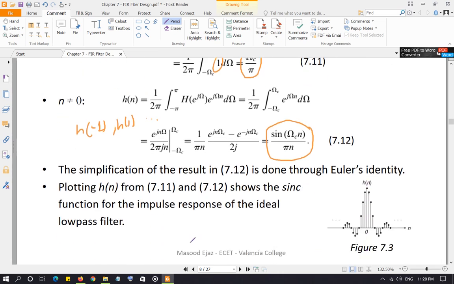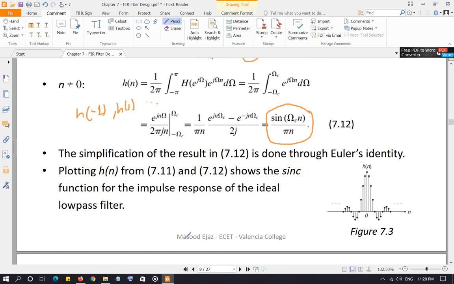Okay, so this function is called the sinc function. Sinc function is basically sine of x over x. This is called sinc of x. So although this function is not written in terms of the sinc function, you can write it that way, and in terms of the sinc function it is going to be sinc of omega c n, so we have to put omega c in the denominator.